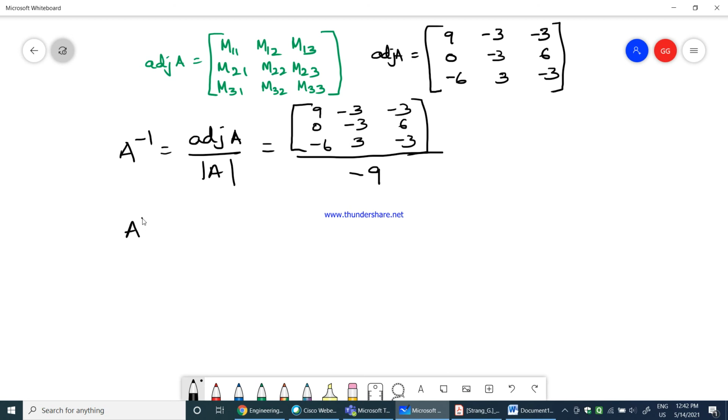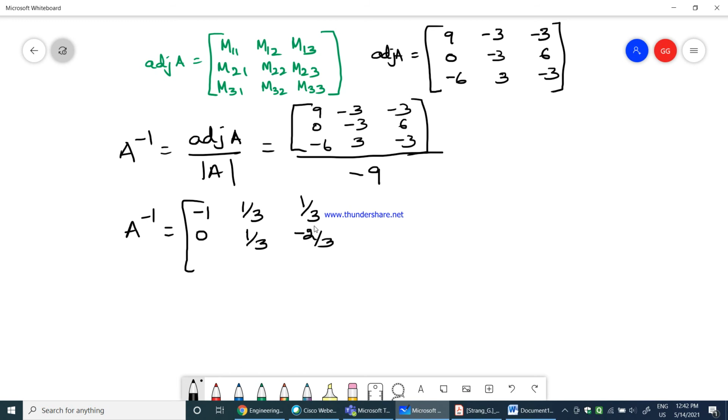So A inverse would be equal to 9 by minus 9 is minus 1, minus 3 by minus 9, which is 1 over 3, 3 3s are 9, so 1 over 3, minus 3 by minus 9 is again 1 over 3, 0 by 9 is 0, minus 3 by minus 9 is again 1 over 3, 6 by minus 9 is minus 2 by 3, because 3 2s are 6, 3 3s are 9.